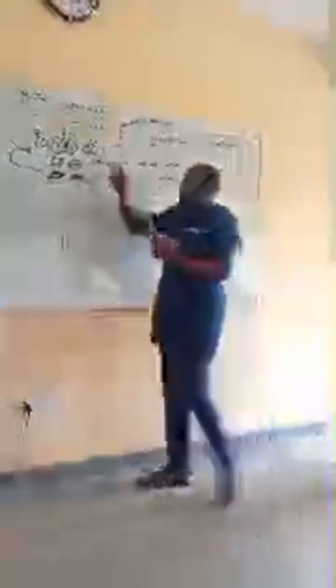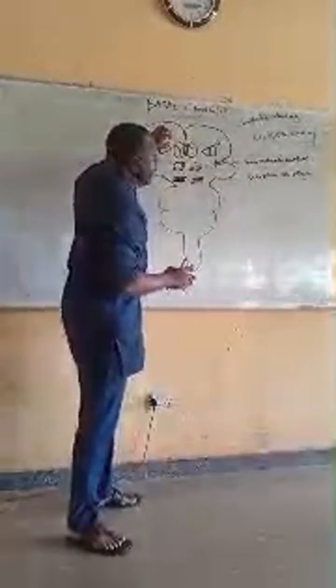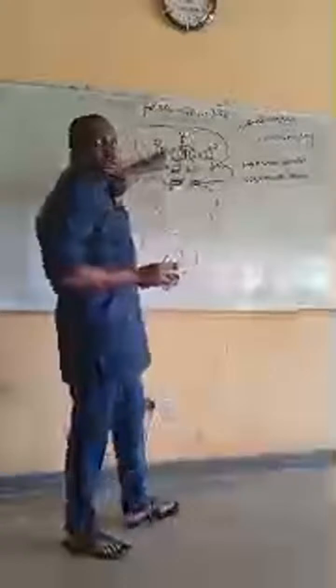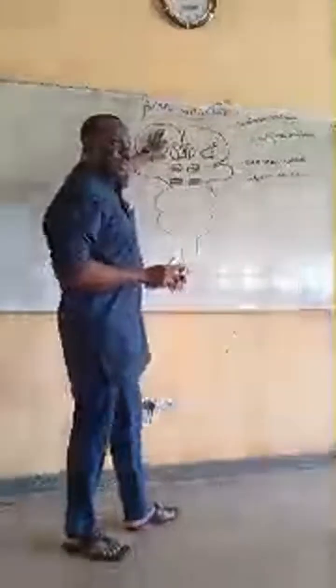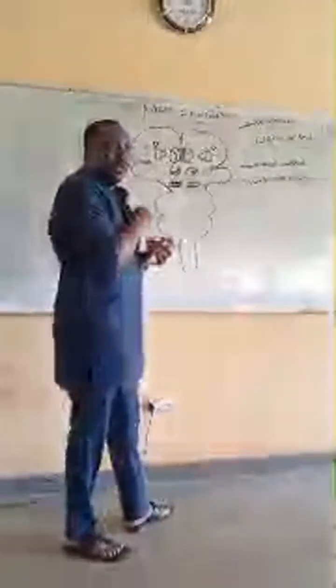Then there is a structure here. There is a space here, and there are structures that pass right in this space that is between the thalamus and the lentiform nucleus. There is a space there, right? And we have a collection of white matter. What do we call that?